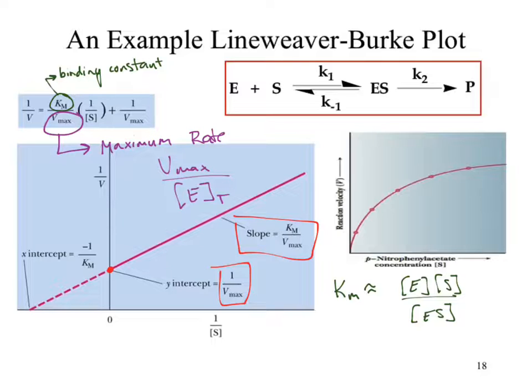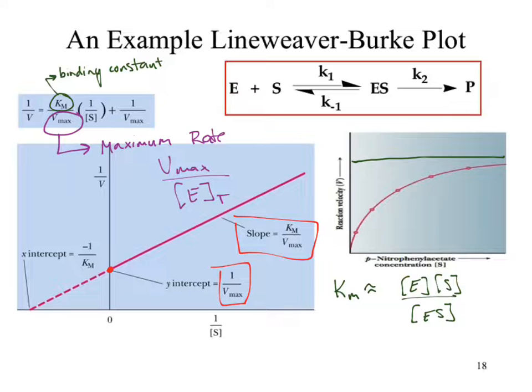Vmax. Vmax is the maximum rate. What is happening to our rate on that curve? It's flattening out at Vmax. So we could determine our maximum rate by saying roughly somewhere up there.